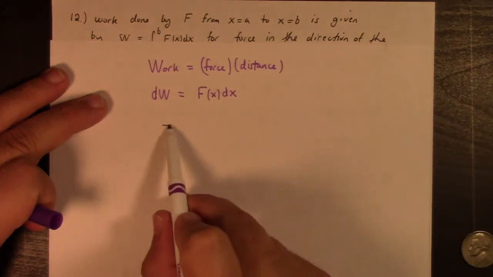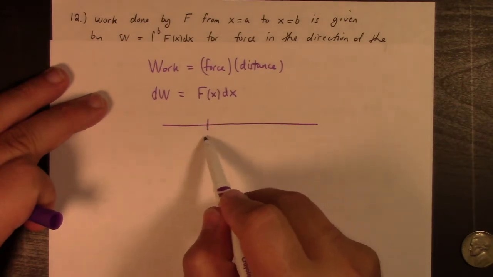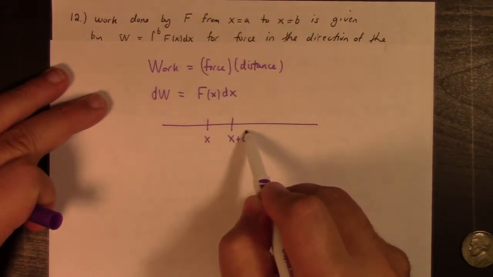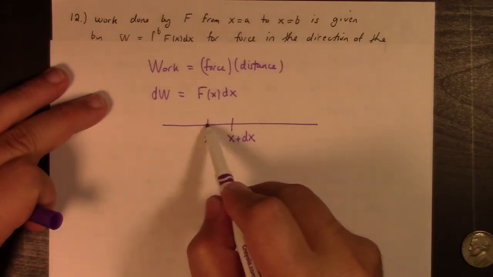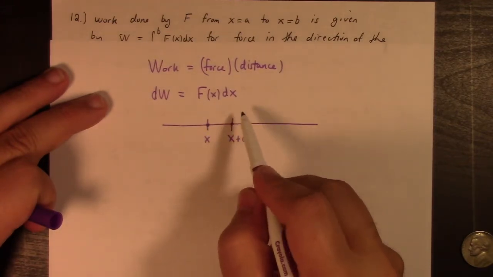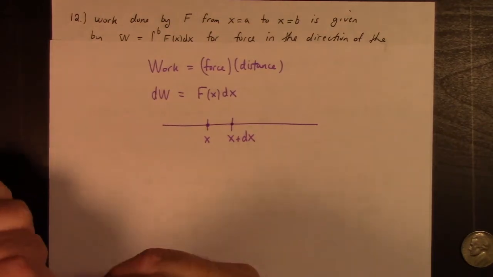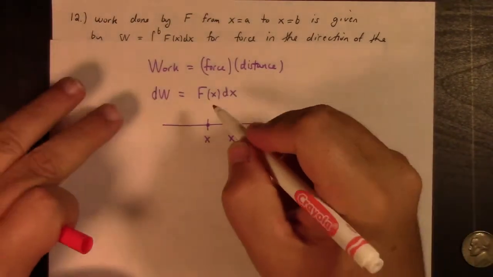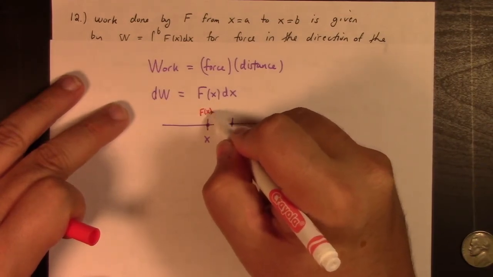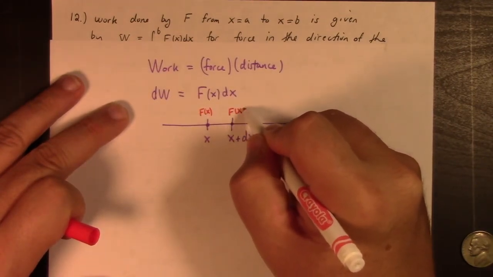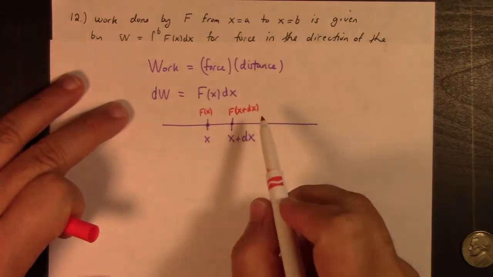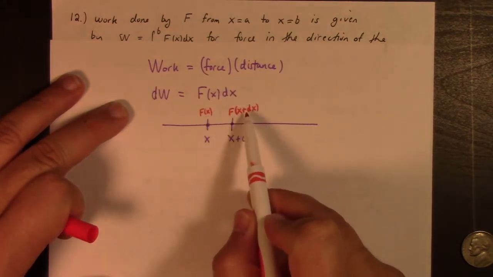So I think about a picture something like this. We're going from x to maybe x plus dx, just that little displacement. And going from here to here, you might think about the force being, right here it would be f of x, right here would be f of x plus dx, so to speak, but dx is so very tiny that essentially it doesn't matter if I use this one or that one.